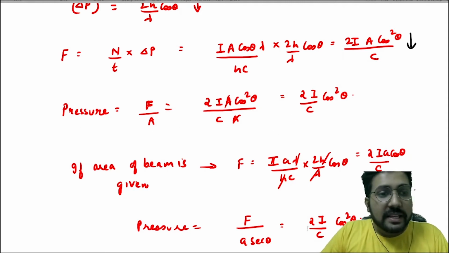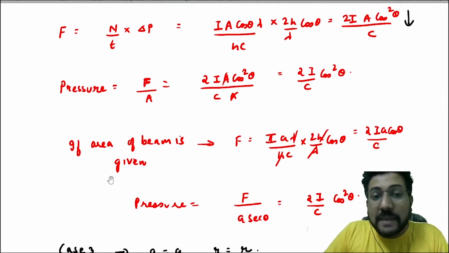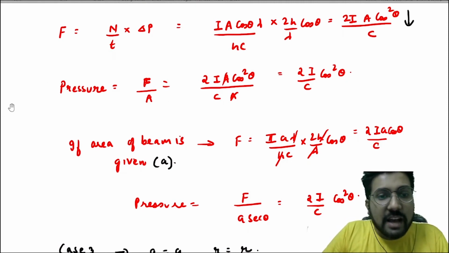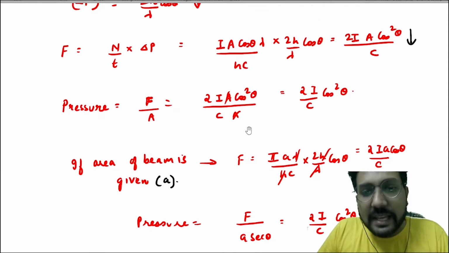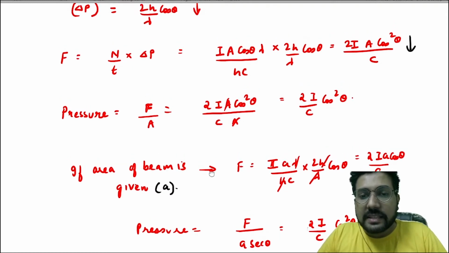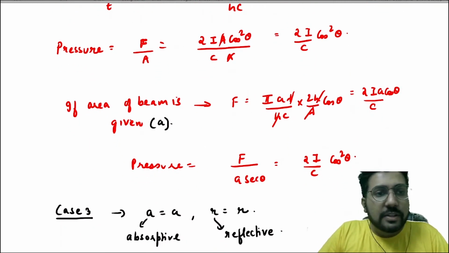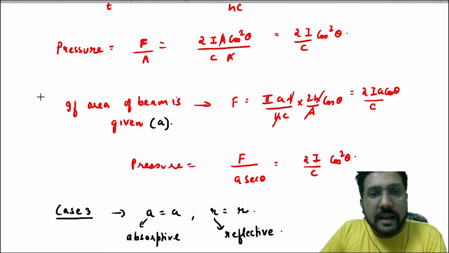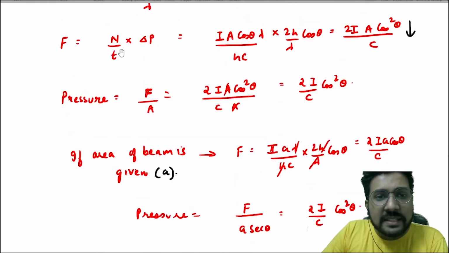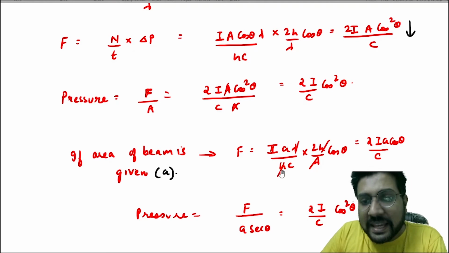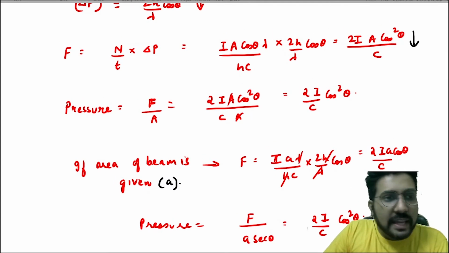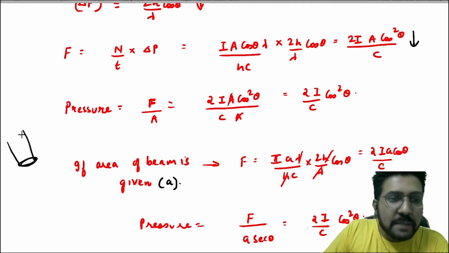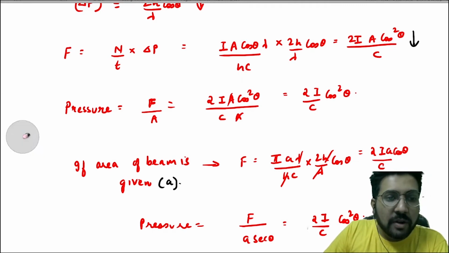Now if the area of the beam, small a, is given, in that case you will write F is equal to I n by t. N by t this time will be IA by E, because if the area of the beam is given, the area is already perpendicular to the beam or flow of light.